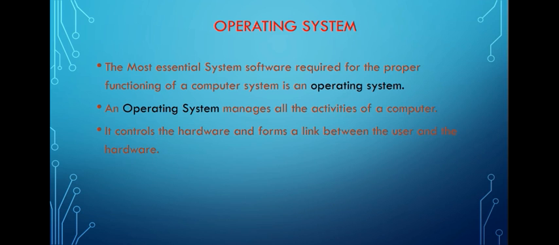So with the help of operating system, we are able to use the computer. And also operating system helps us to use computer, like it shows icons, pictures on the screen, and cursor is there, mouse cursor. With the help of mouse cursor, you can open different files by double clicking. All these activities, they are controlled by operating system.